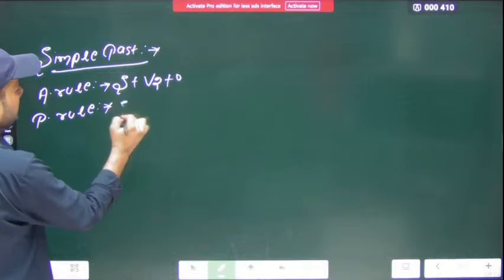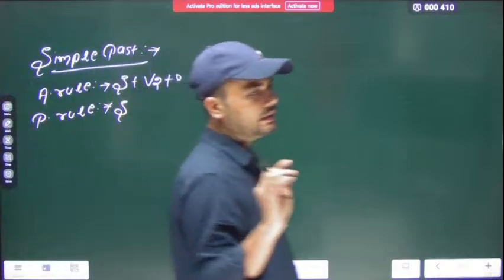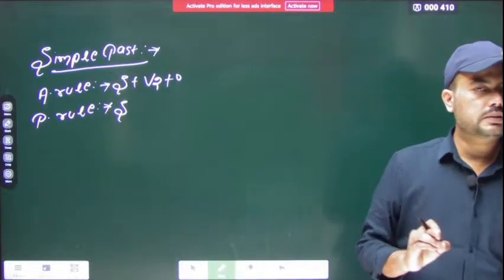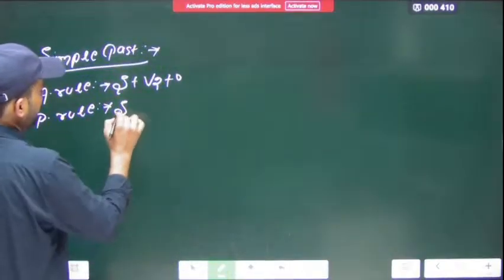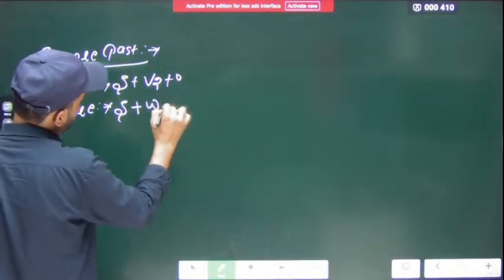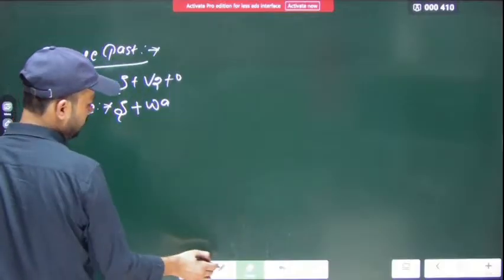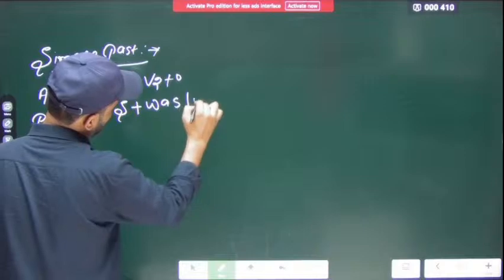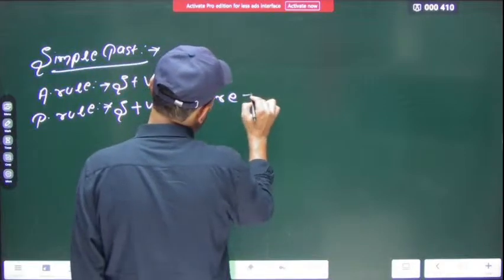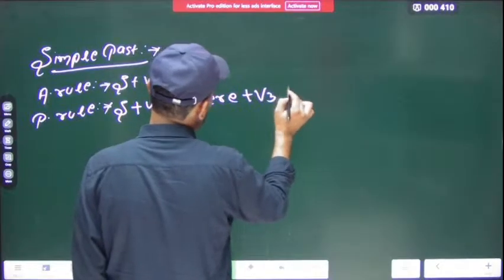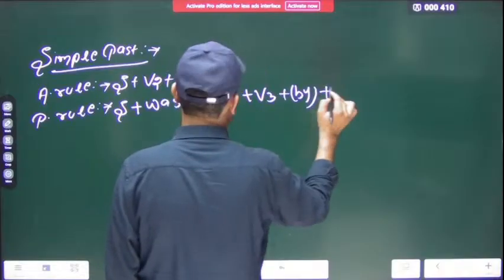First of all I'll take subject. Okay, in simple present we use is, am, are. So in simple past we will use was and were. So subject plus was slash were plus verb 3 plus by in the bracket, and lastly we will write object.